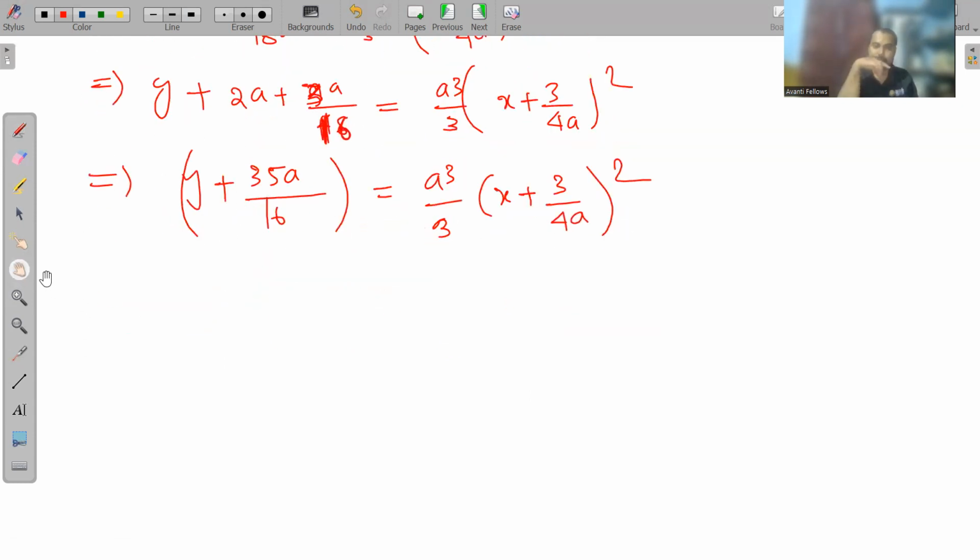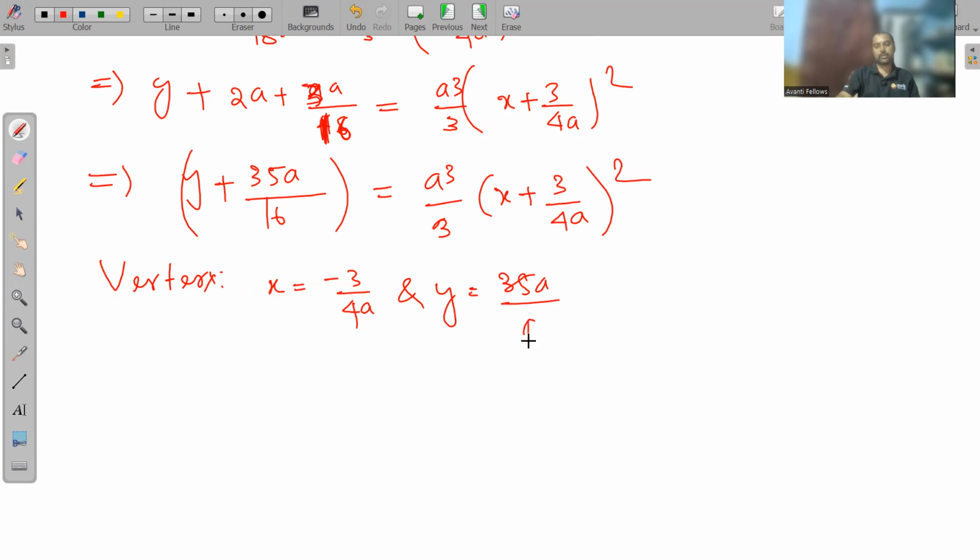Now we'll see what the vertex is here. So the vertex is x equal to minus 3 by 4a and y equal to minus 35a by 16.